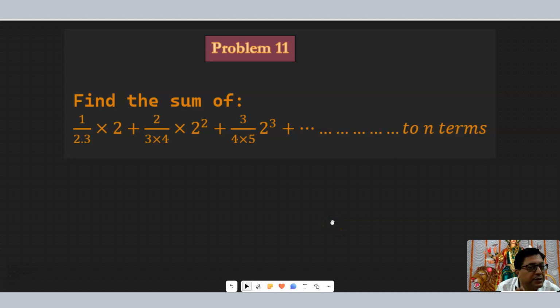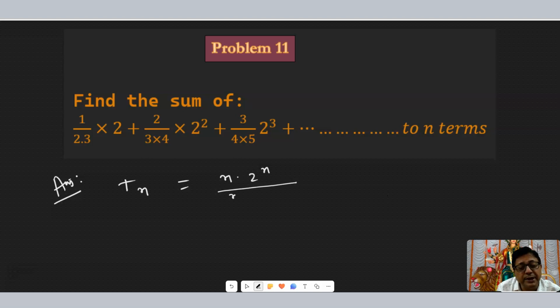Structure may look different, structure may be very difficult. I mean, you doubt whether it is telescoping or not, but you have to check with the nth term always. Let us find the nth term first for this problem. Tn going to be what? 1, 2, 3, n is there. 2 to the power 1, 2 to the power 2, 2 to the power 3, 2 to the power n will be there.